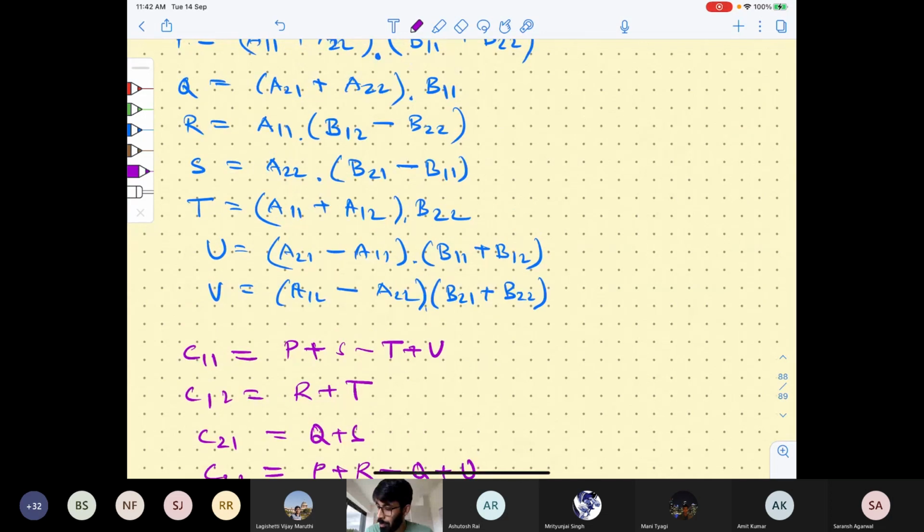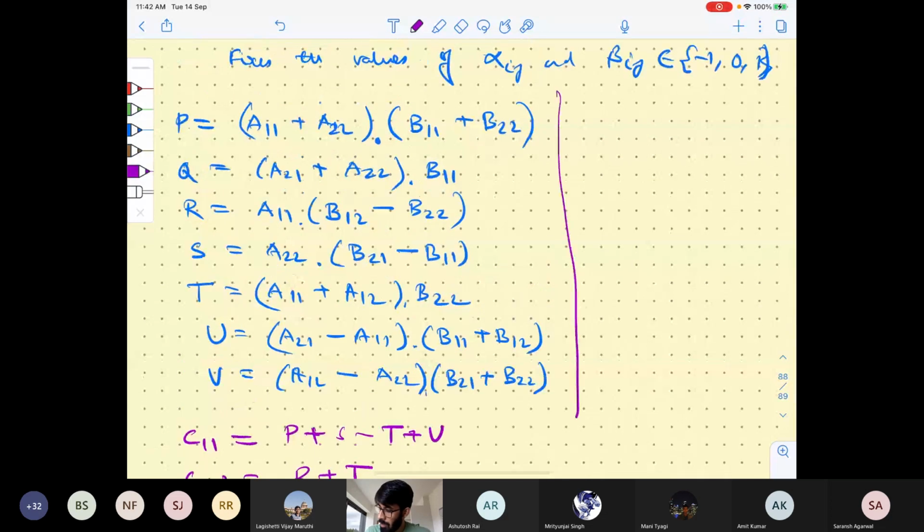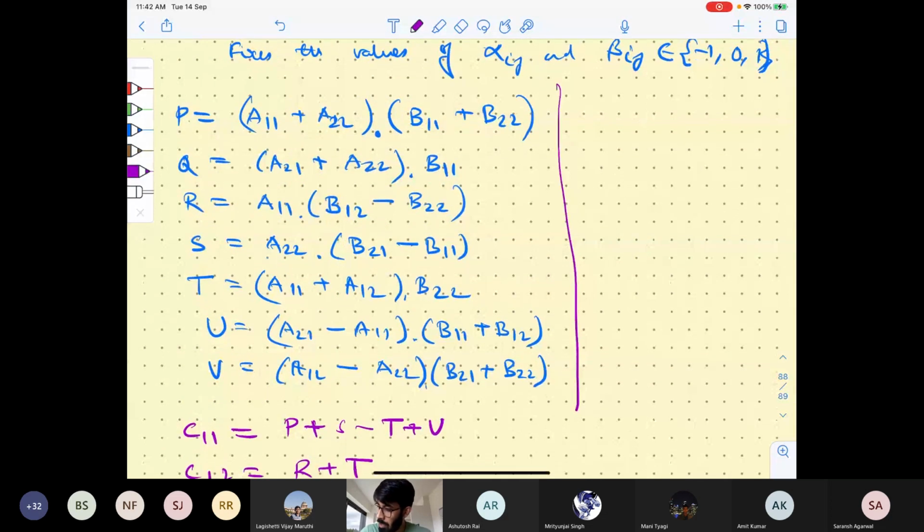Okay, what is going on? So let's do it here. C11 it says is equal to P plus S minus T plus U. So what is P plus S? Again, if I make a mistake, please let me know.